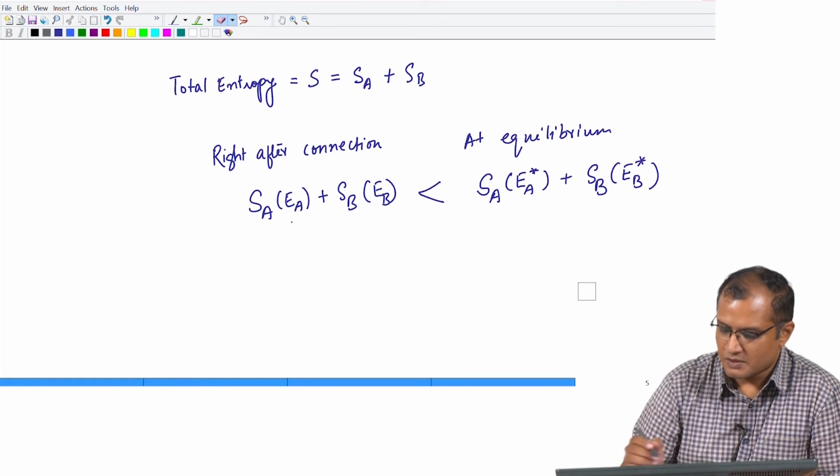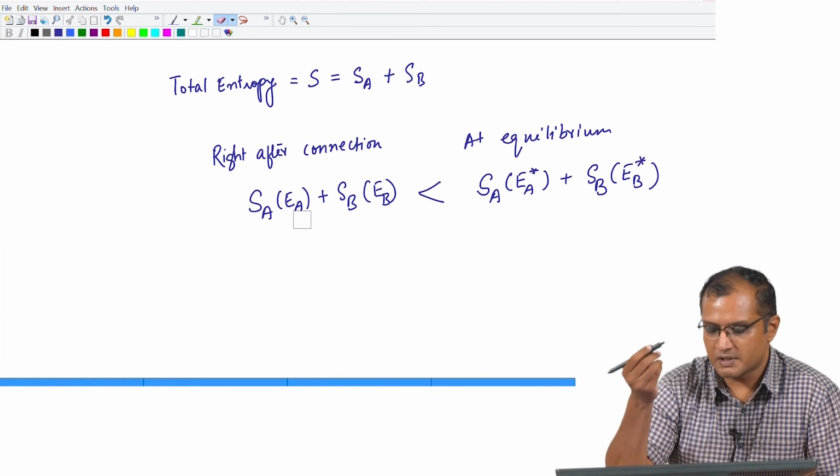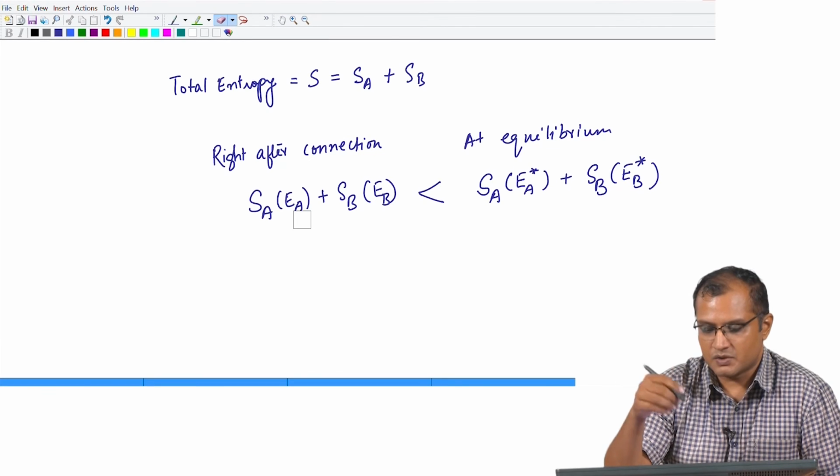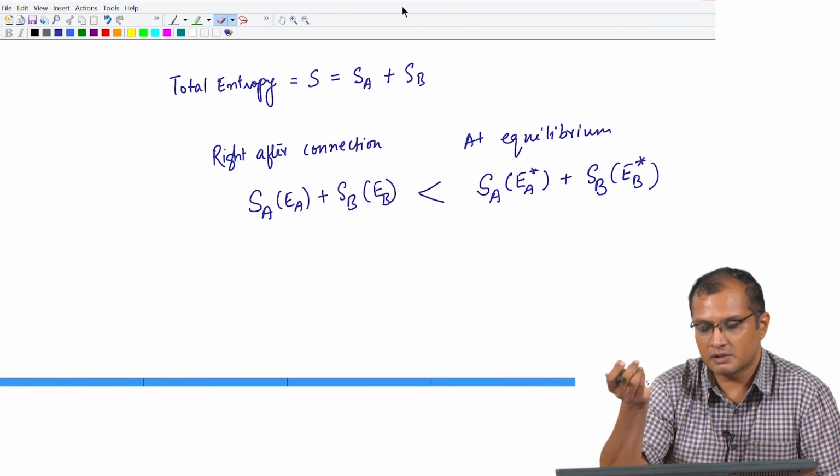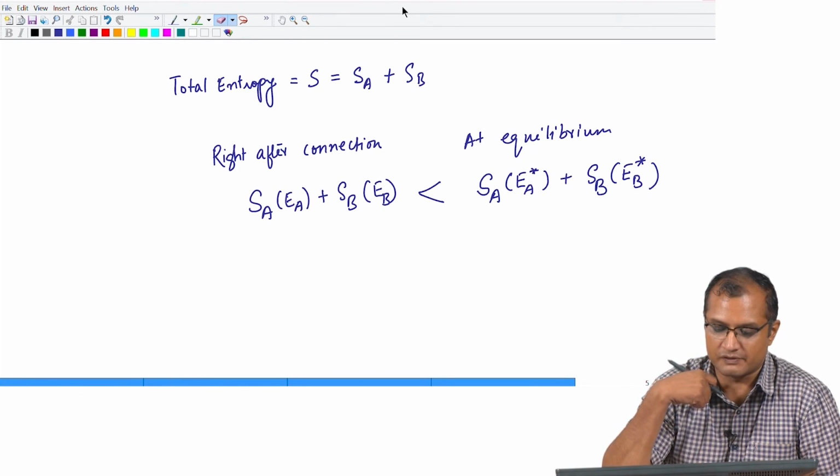That is the entire concept of irreversible change. The initial entropy is definitely lesser than the final entropy because you have lost some information, so the total entropy change has to be positive.